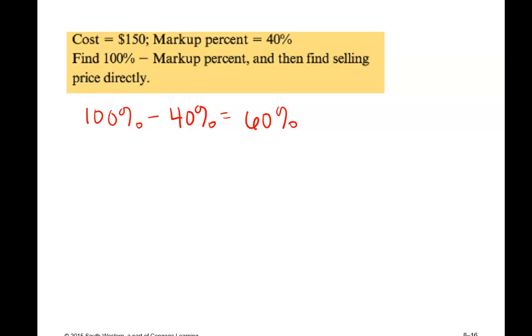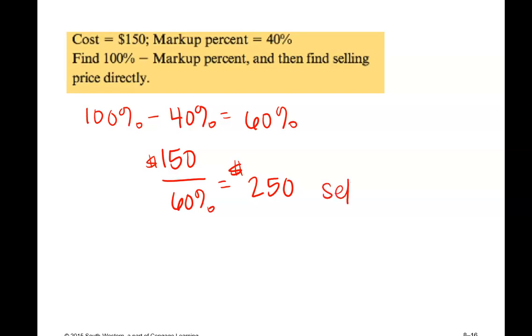Now that I have this 60%, I can take the cost of $150 over 60%, and this is going to give me $250. Okay, so that's my selling price. So an item that costs $150, which is marked up 40%, is going to be sold for $250.